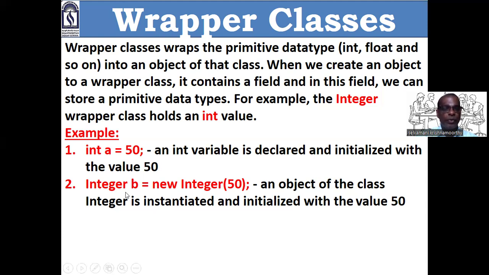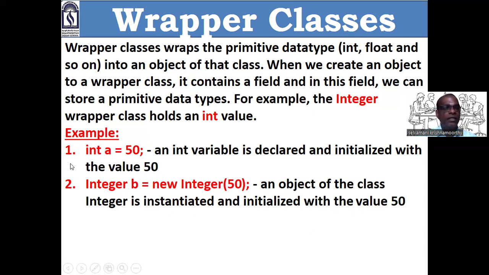In this example 2, Integer is a class. b is an object which is created under the Integer class. That object b has one data member. In this data member, the value 50 is assigned. An object of class Integer is instantiated and initialized with value 50.